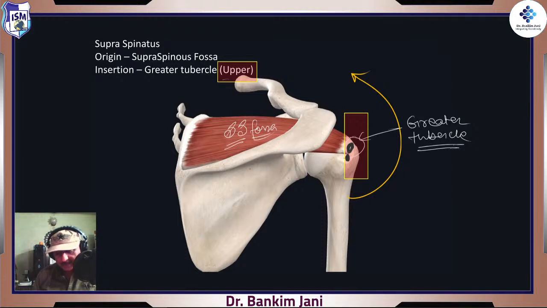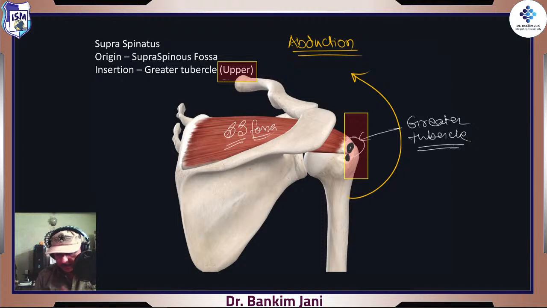So it is supporting the deltoid. It is in association with the deltoid. It is taking it up, it is taking it away. So this is like someone who will be helping in abduction, because it is situated on the top and when it contracts, it will take it up. So it will be supporting abduction.